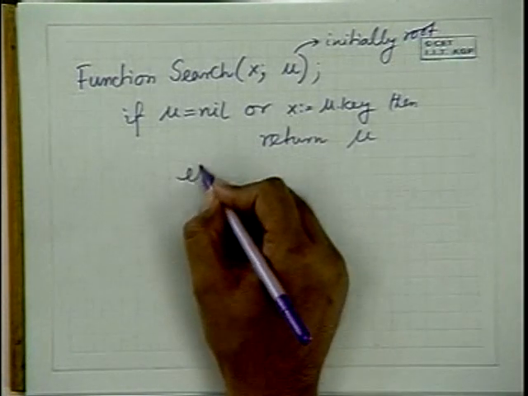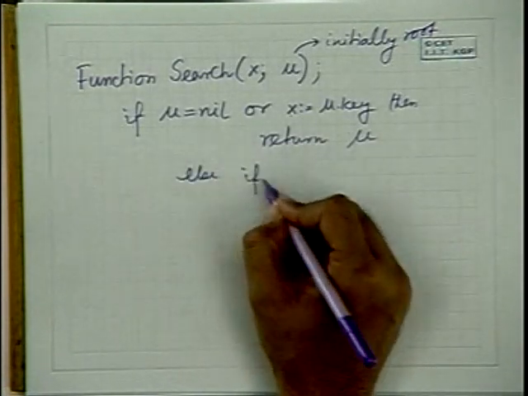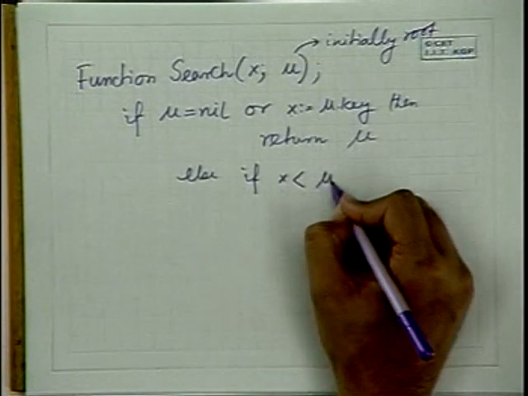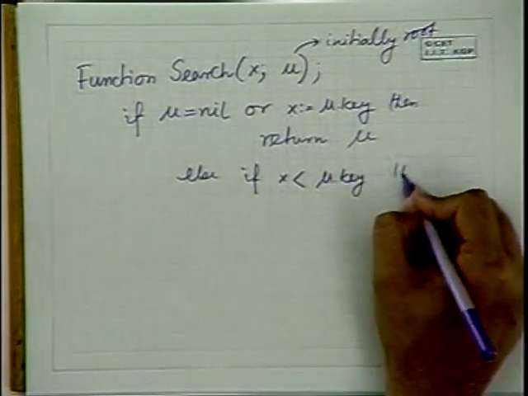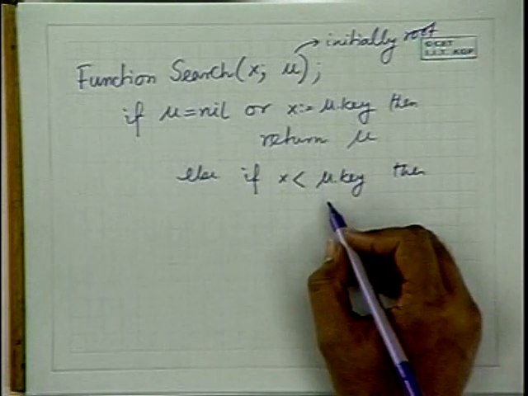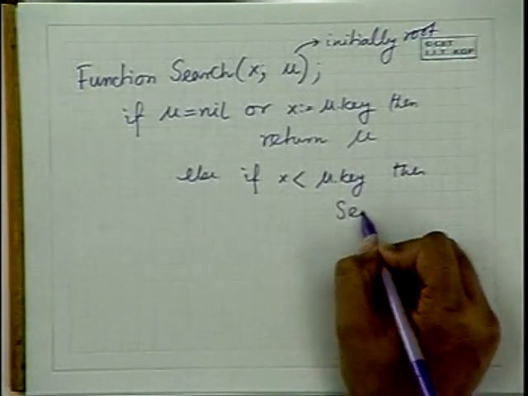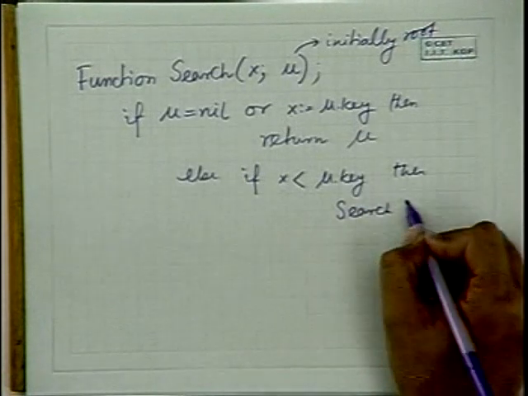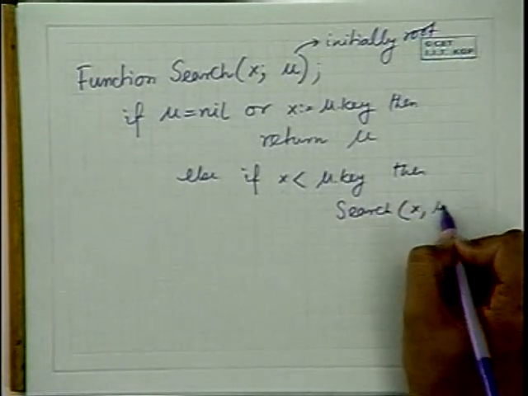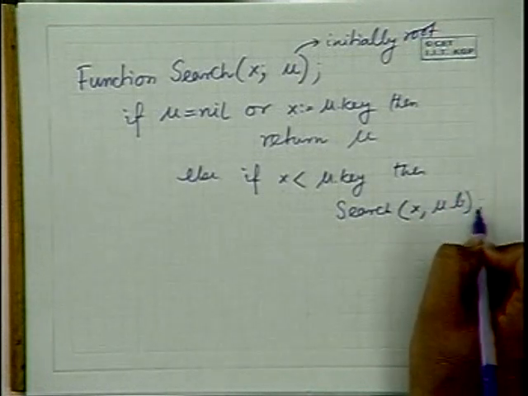Else, if x is less than mu dot key, then we have to give a recursive call: return search x, mu dot left.